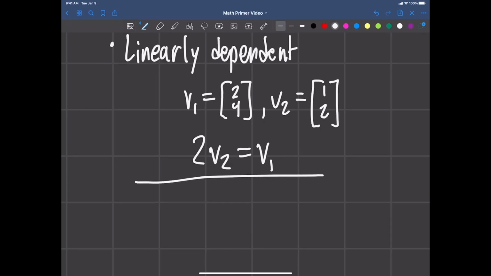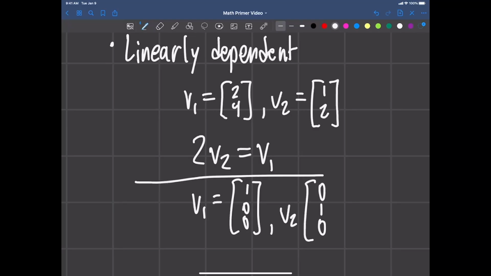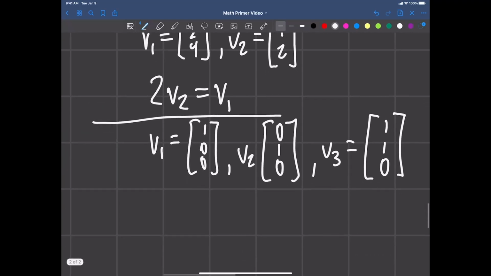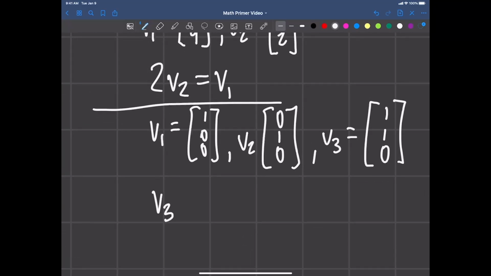Here's another example. v1 equals (1, 0, 0), v2 is equal to (0, 1, 0), and v3 is equal to (1, 1, 0). You may be able to figure out that v3 is equal to v1 plus v2. Thus, these are also linearly dependent.